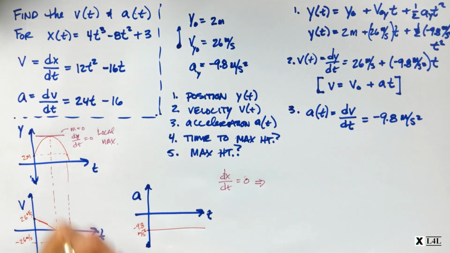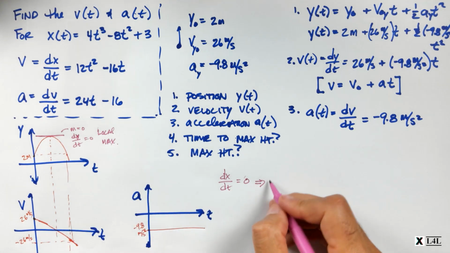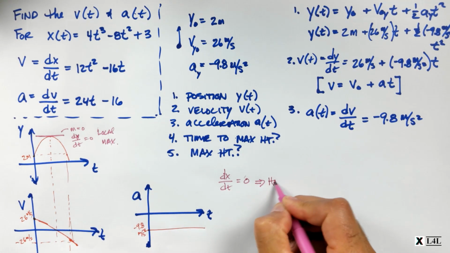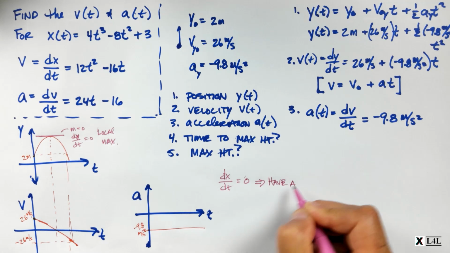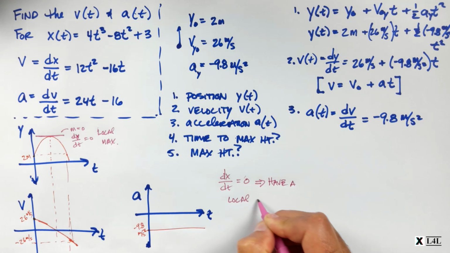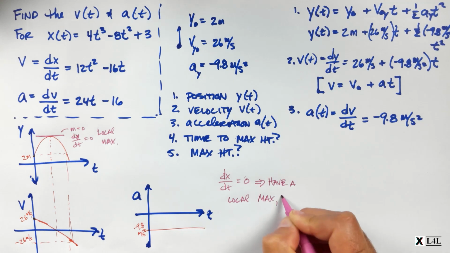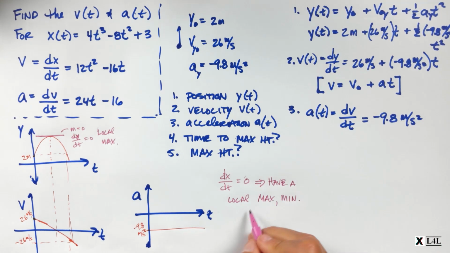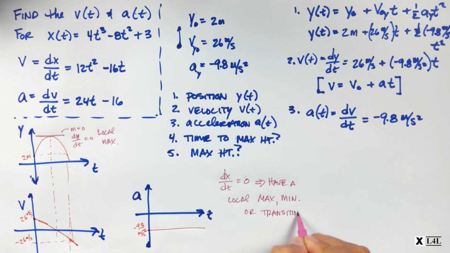then you have a local maximum value, minimum value, or some type of transition, as is the case when you have something to the cube root, right?